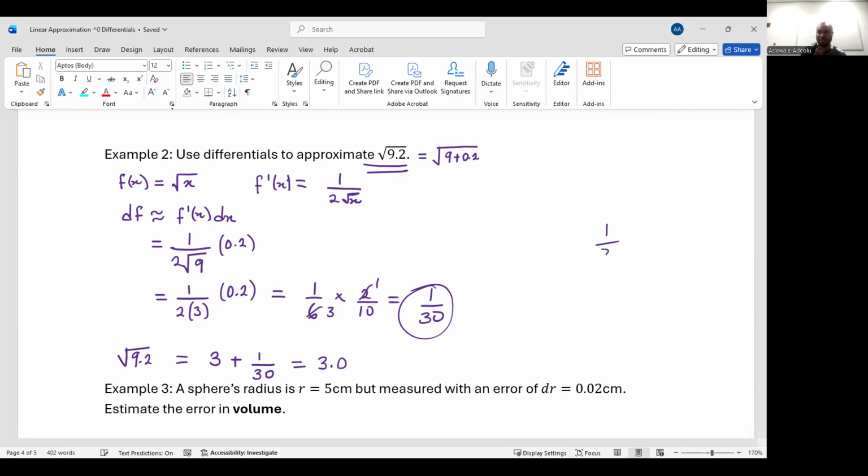So 1 over 30 is 0.033. So that is what we have. You can say this is approximately this. And if you put that in your calculator, you should get something very close to this.